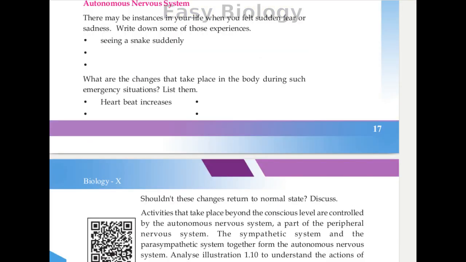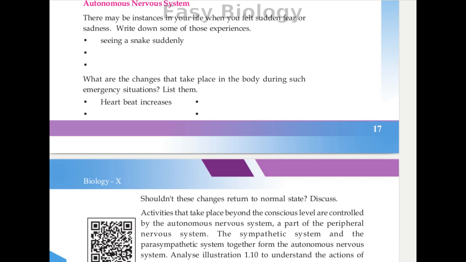Next we are going to study the autonomous nervous system. The activities that take place beyond the conscious level are controlled by the autonomous nervous system, and it is a part of the peripheral nervous system. The autonomous nervous system consists of the sympathetic system and the parasympathetic system.